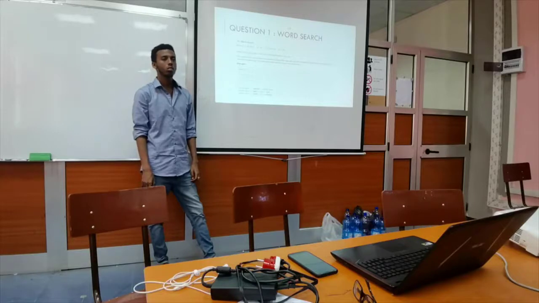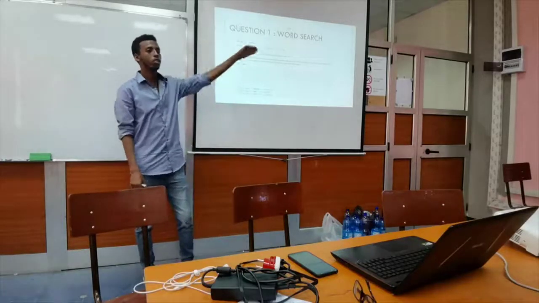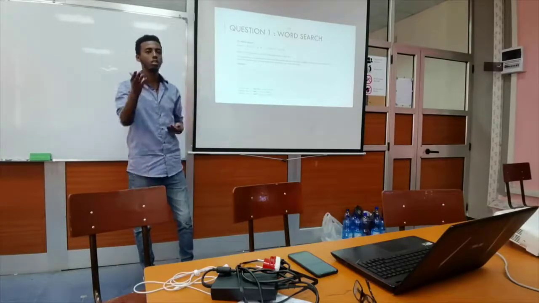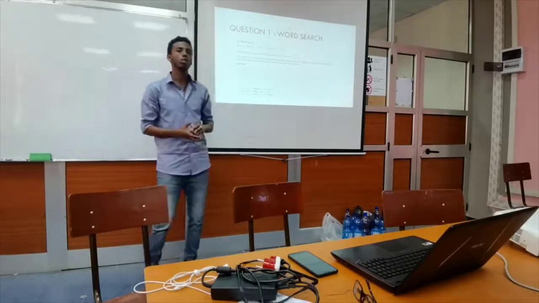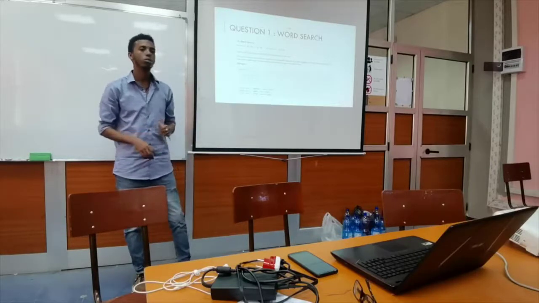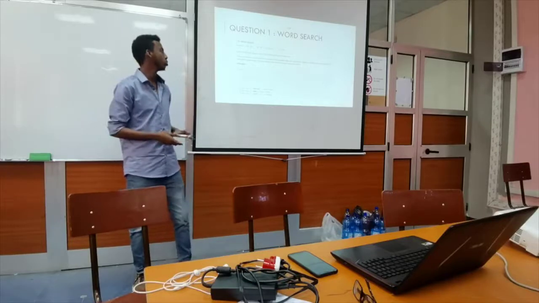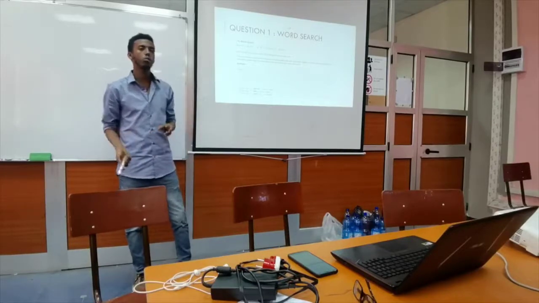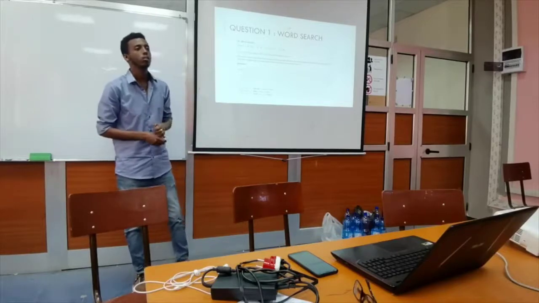So it's kind of similar to the unique paths problem. If we mark a cell as visited, we may need that cell from another path, as you said. So what we should be careful about is that we have to mark a cell visited, but when we return back, it should be unmarked.